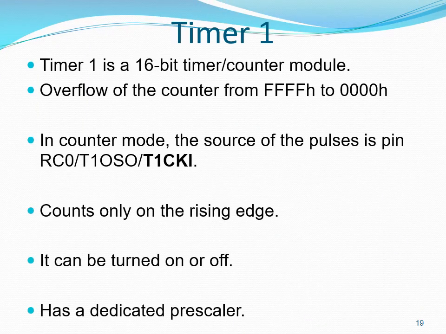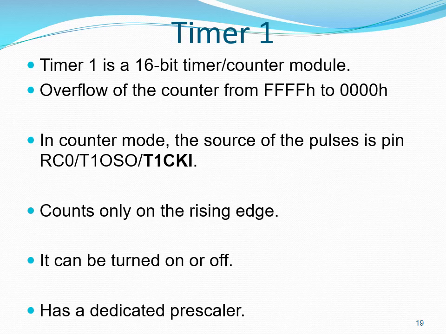Timer 1 also operates in either the timing mode or the counting mode. It is a 16-bit timer, meaning that the timer overflows when the timer register value reaches the value FFFF in hexadecimal.